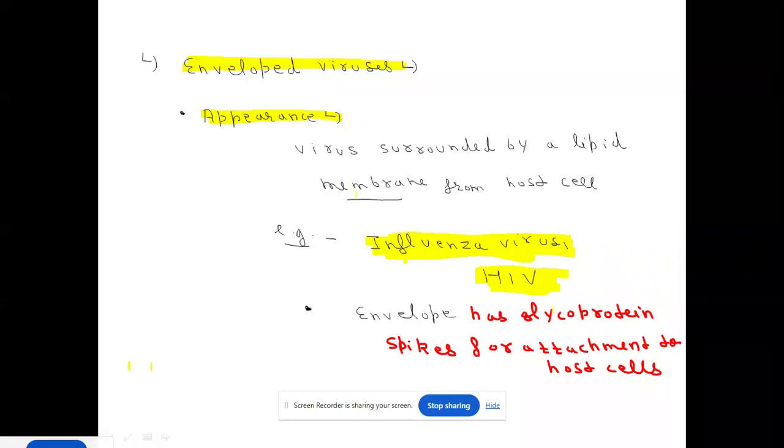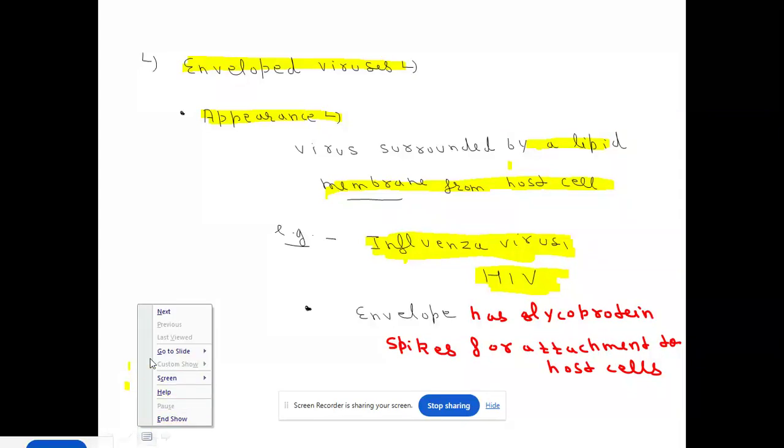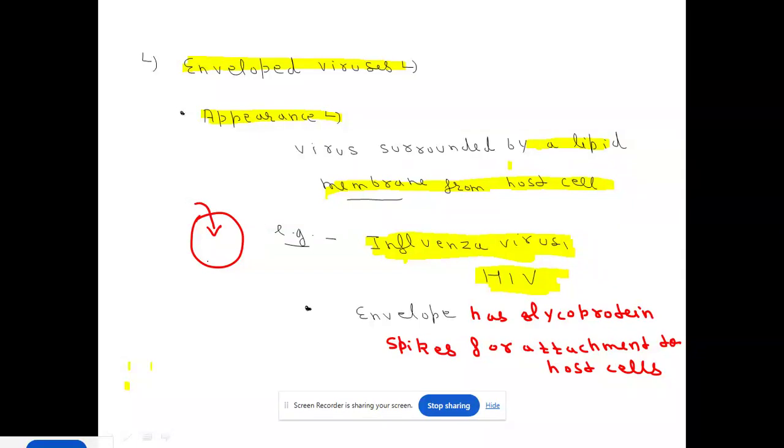So enveloped viruses appearance is the virus which is surrounded by a lipid membrane from the host cell. That is the enveloped virus. The virus is entering inside the host cell, as we know, and the host is living and consists of cells. The cell is the basic structural and functional unit of life.